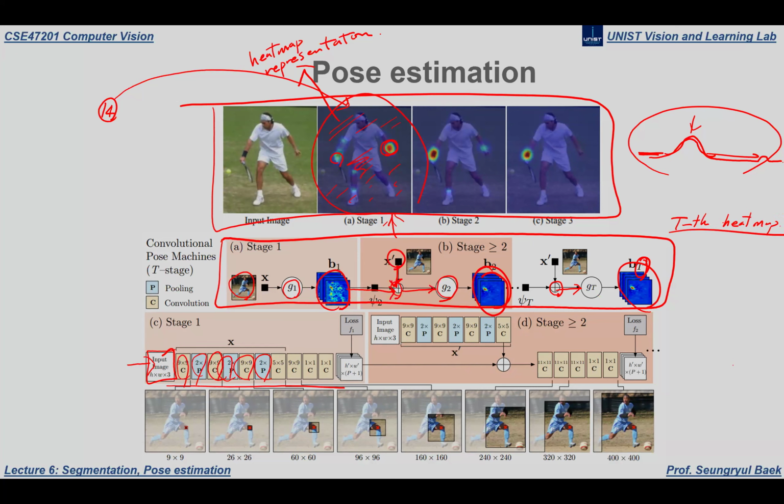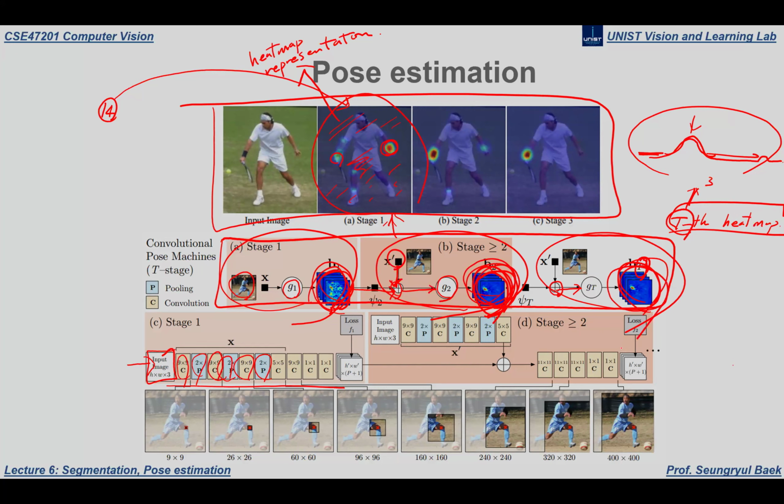T is a hyperparameter we can decide, but in the paper T is equal to 3. So we do this three times and get three heat maps, and the third becomes our final heat maps.